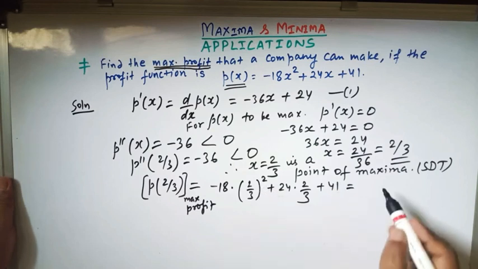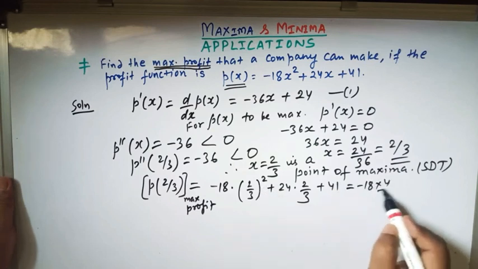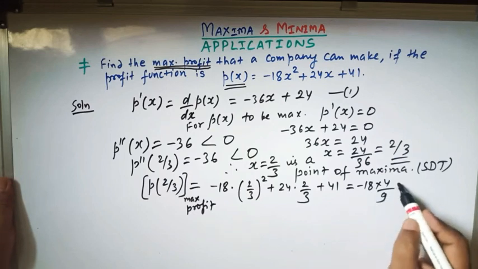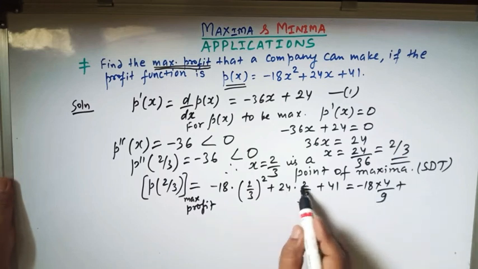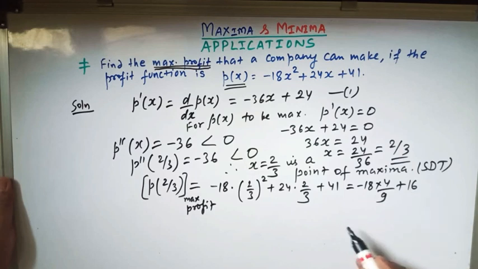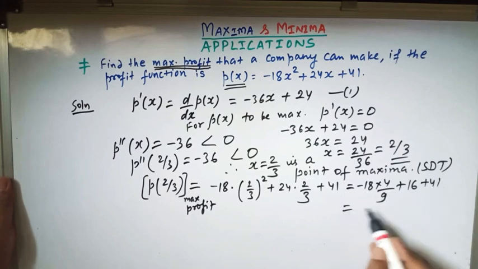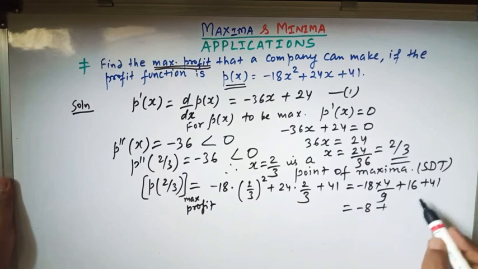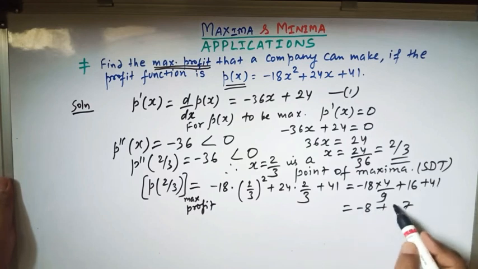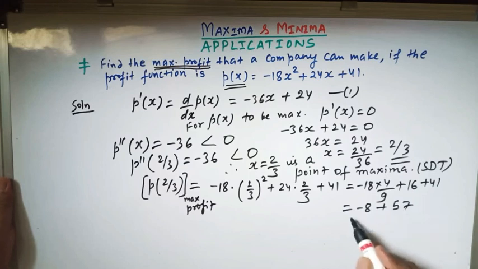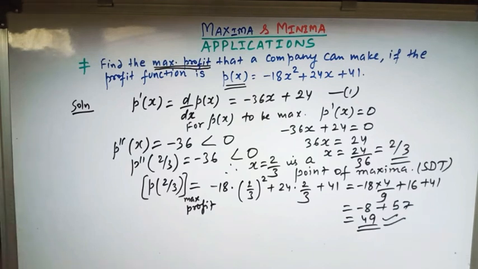So this is minus 18 into 4 by 9, and 3 8s are 24... 9 2s are 18, so this is minus 8, plus 16, plus 41. So this is 49. So this is the maximum profit made by the company. Now let us take the second question.